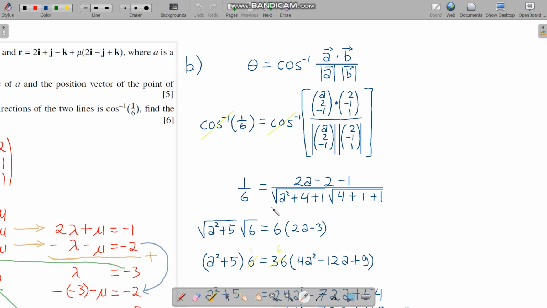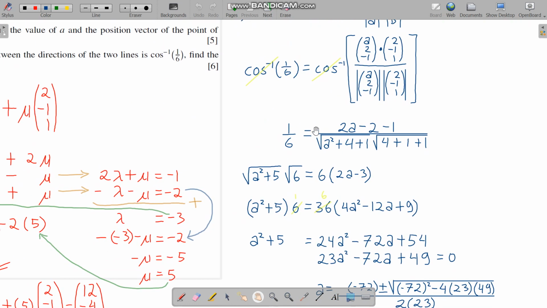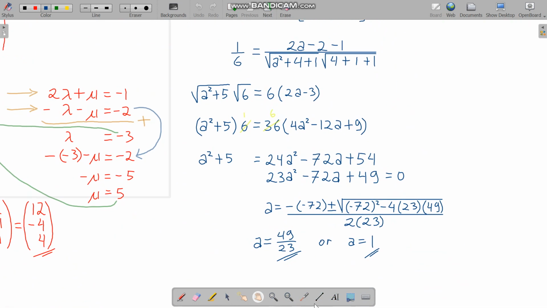And now we can cross multiply. So here we have 5 plus a squared, and here we have 6. So square root of this times square root of 6 times 1, which is just this, and 6 times this is 2a minus 3. So you have 6 times something, we can divide by 6, we get 1, divide by 6, we get 6.